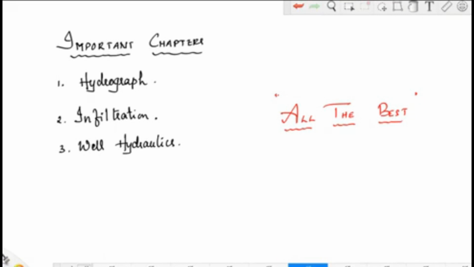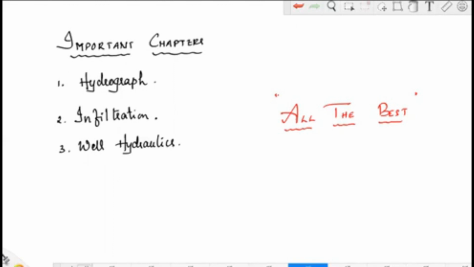Remember one thing. I hope all of you will be writing the examination this year. First, please don't be in a hurry in the examination. Some points I will tell you; please try to follow these things. When you are in a hurry, automatically you will make minor mistakes.